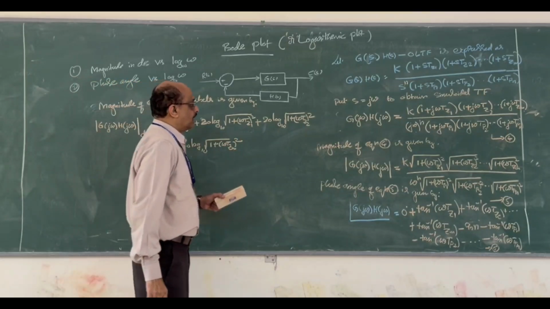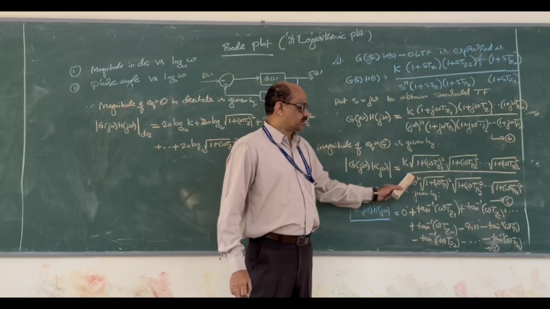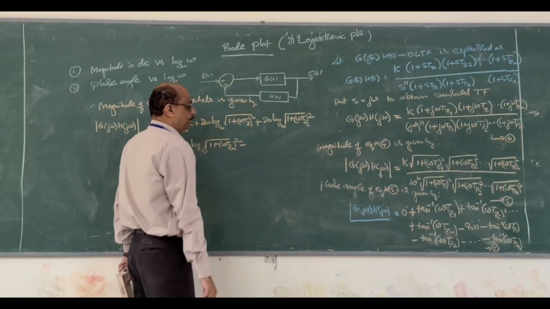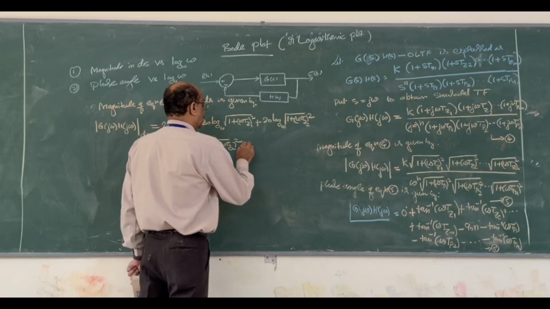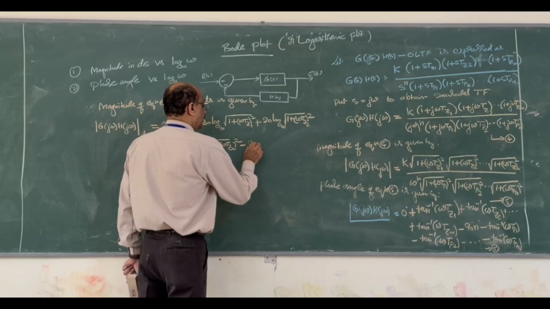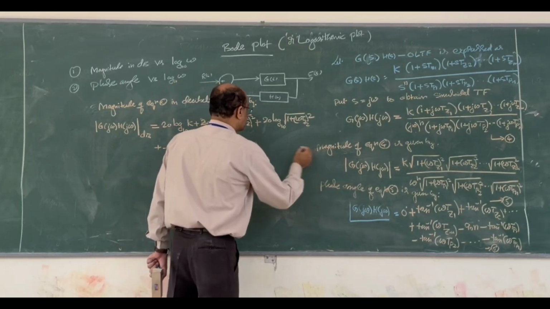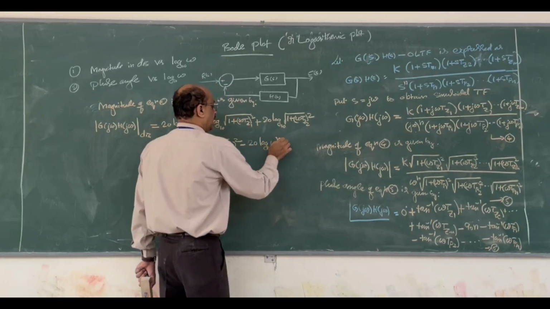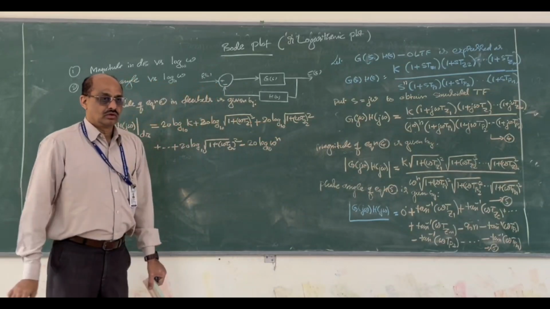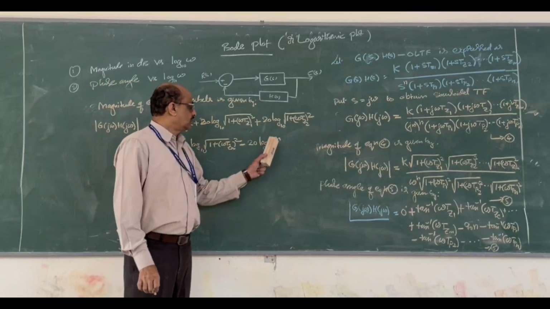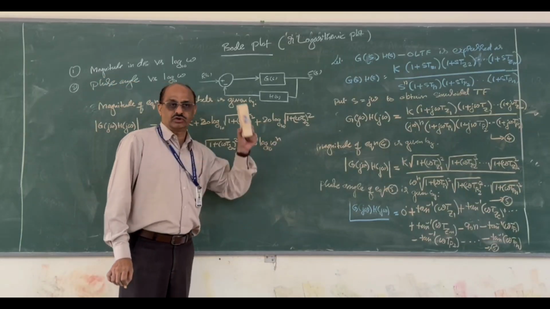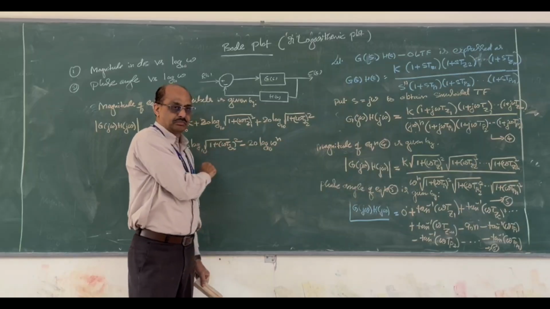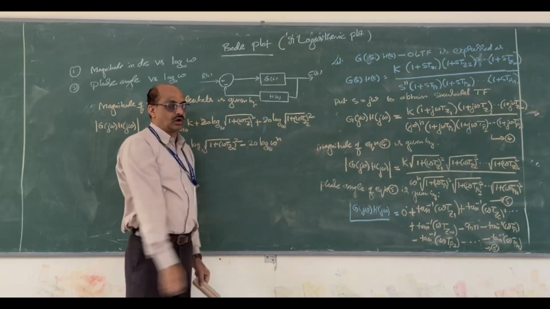Then for this one, it is minus 20 n log base 10 of omega to the power of n, or because of the property of log, 20 n log omega.